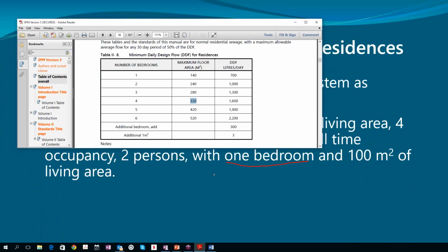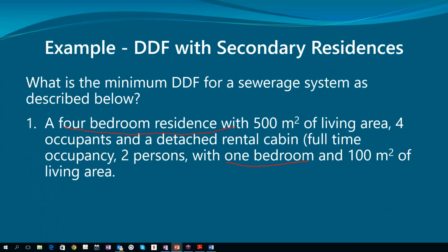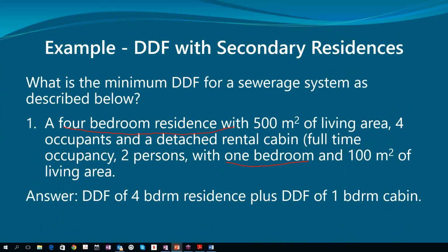So we got to get 500 minus 330 times 3 liters per meter squared and add it to 1600, and then add to that the 700 for a 1-bedroom, and that math looks like this.